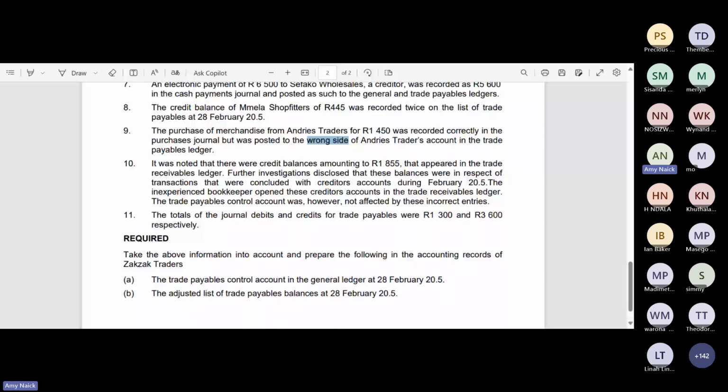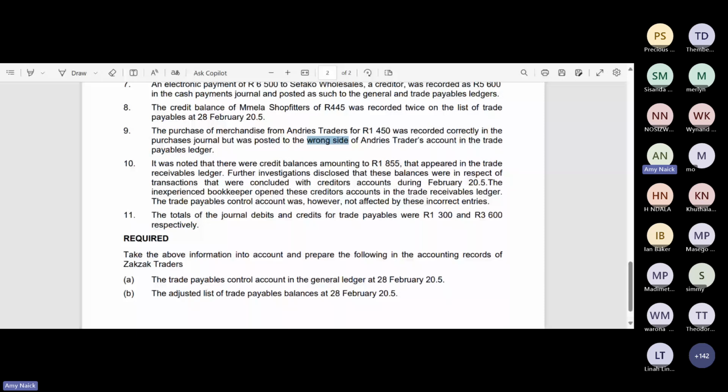The inexperienced bookkeeper opened these creditors' accounts in the trade receivables ledger. The trade payables control account was, however, not affected by these incorrect entries. So that line alone says control account is fine. We don't need to correct anything in the control account related to this.